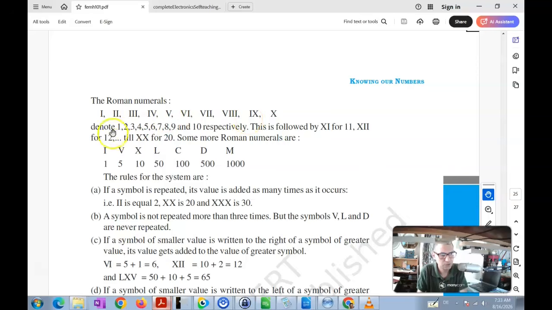So these denote essentially 1 and 2 and so on and so forth. And of course you can see that in this number system, it's just simply not necessary to have any of these.